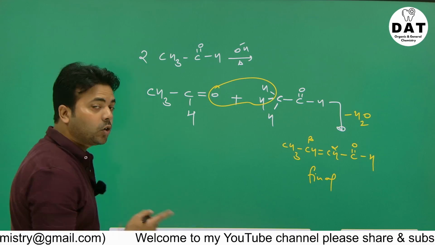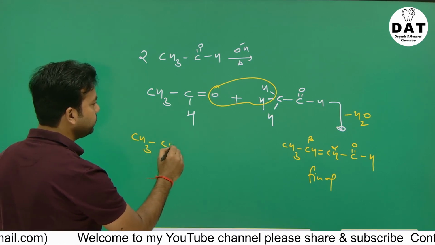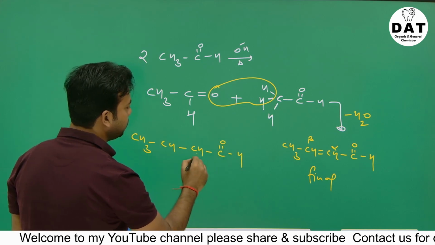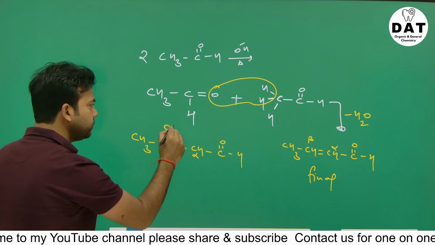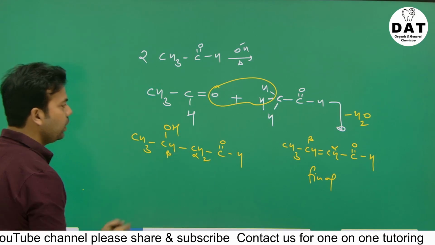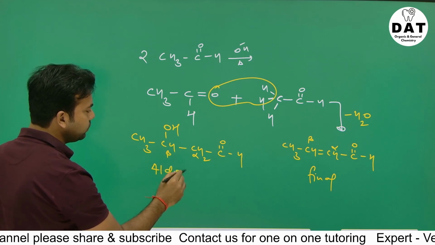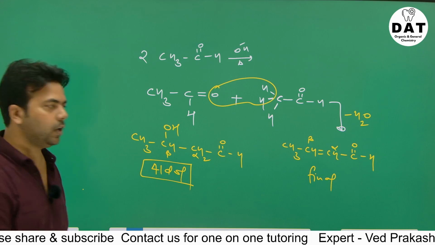Because beta hydroxy is my aldol, so keep OH at the beta carbon. Look at here. This is alpha, this is beta. I said keep OH at beta and hydrogen at alpha. So it becomes CH2. So this is my beta hydroxycarbonyl, which is aldol. Clear? So this is self aldol.